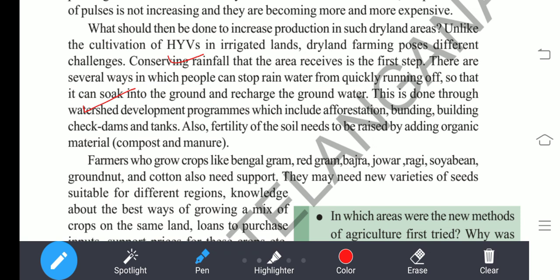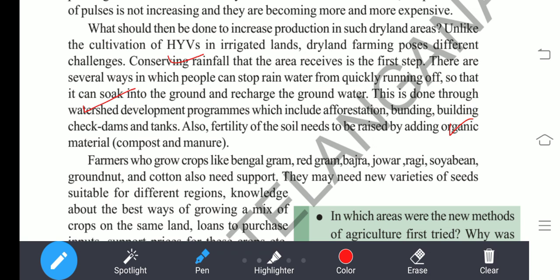Some other programs are also there. That is soil fertility. Soil fertility also should be protected. That means the fertility of the soil should increase. How? By adding organic material, that is compost, and manure is added to that. It is a natural one.